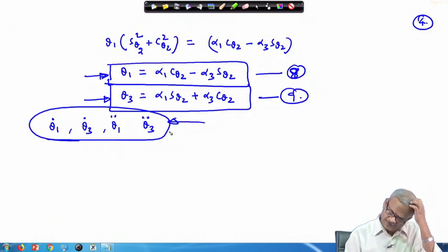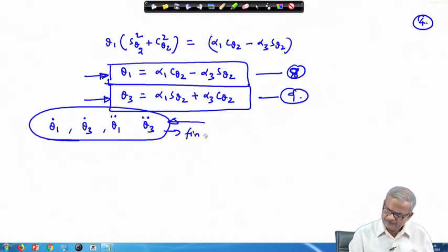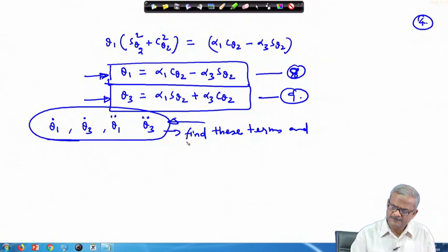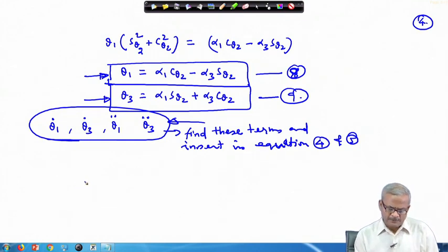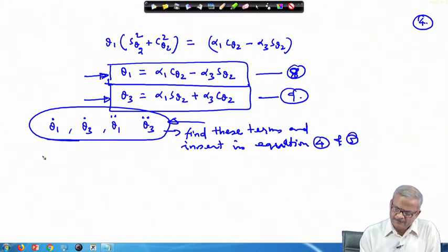So, find these terms and insert in equations 4 and 5. And we have to do it patiently, because it is quite time taking work.